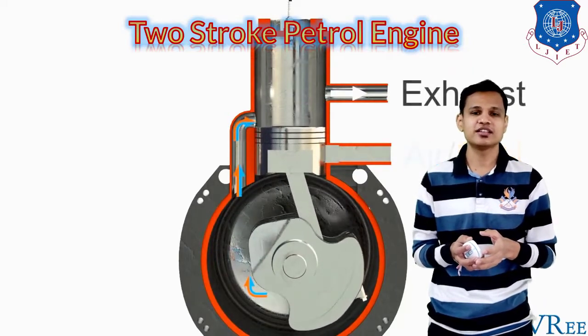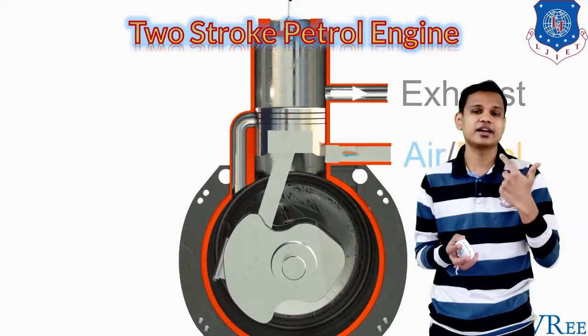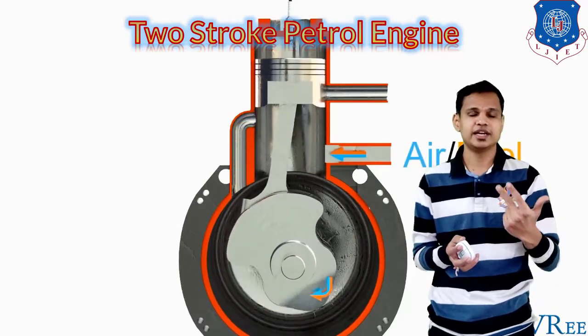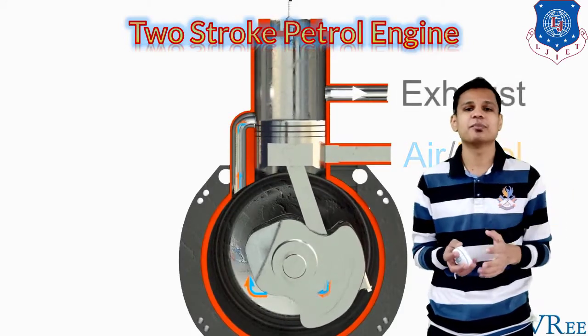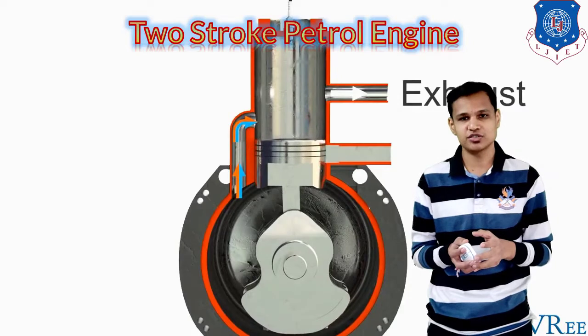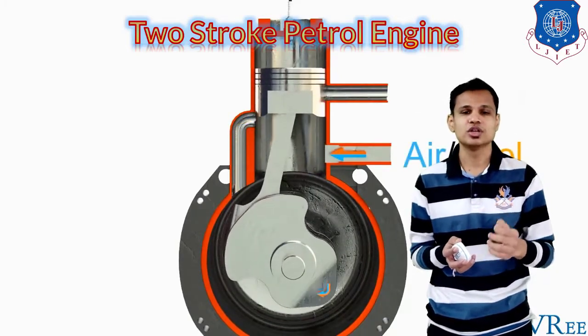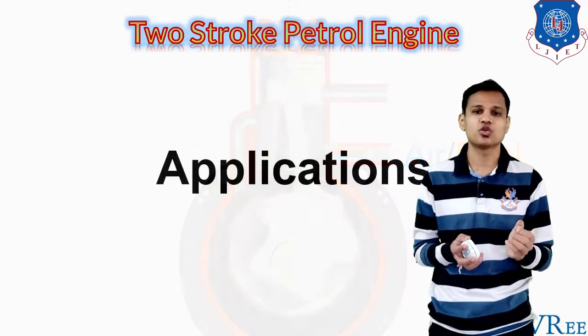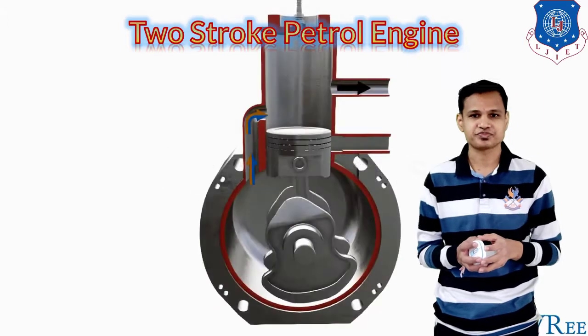In that case, you can see first the compression and the second expansion. The compression stroke simultaneously happens with the suction stroke, and after completing the expansion stroke, the exhaust gases go out with it.